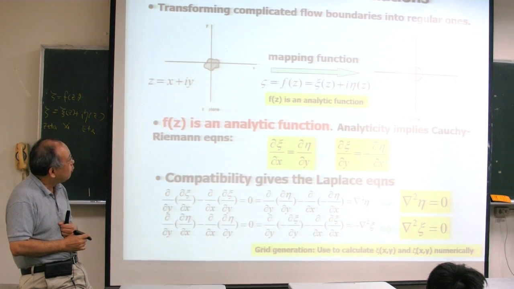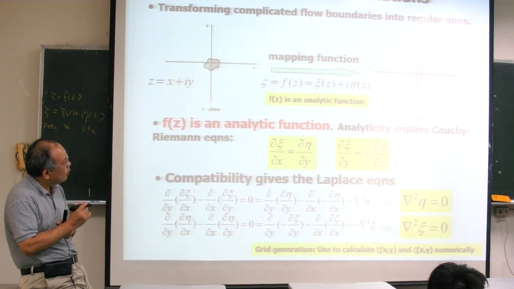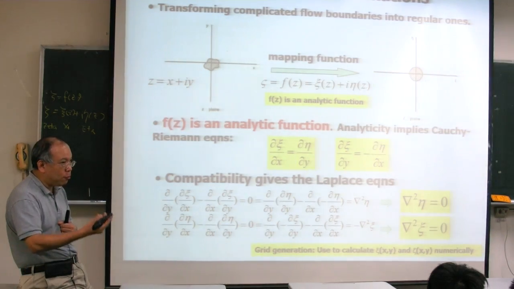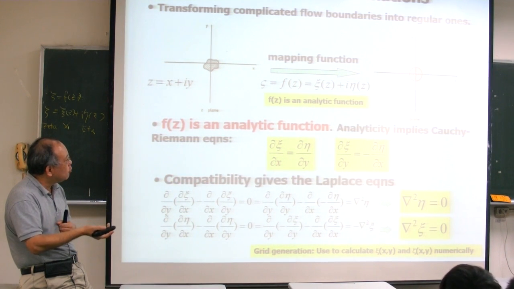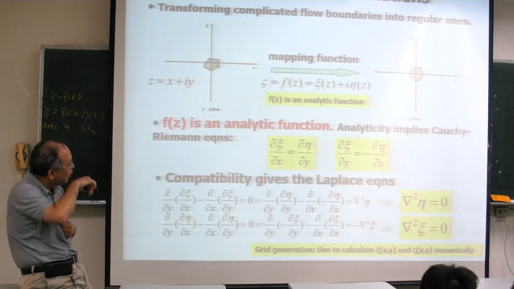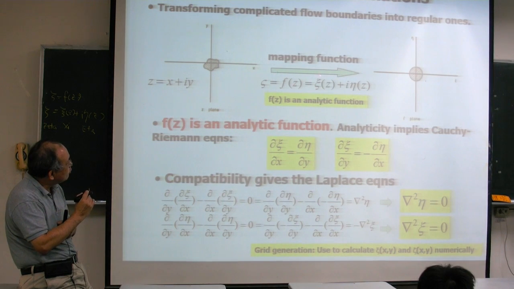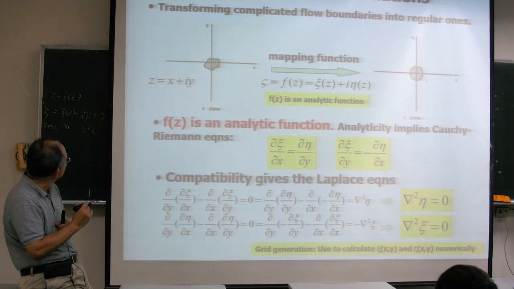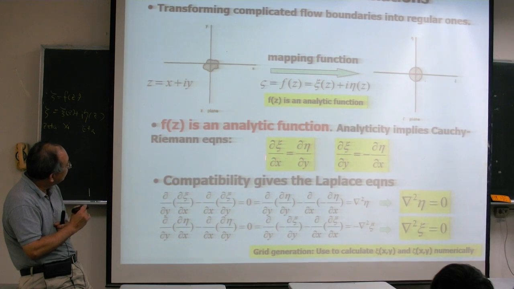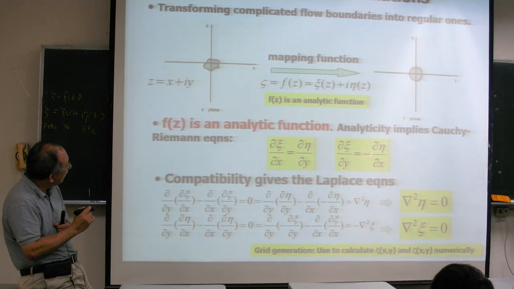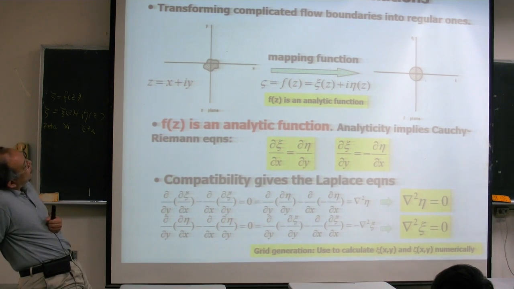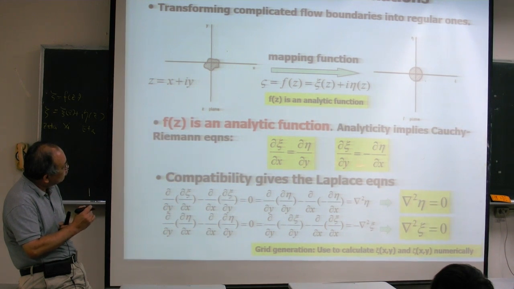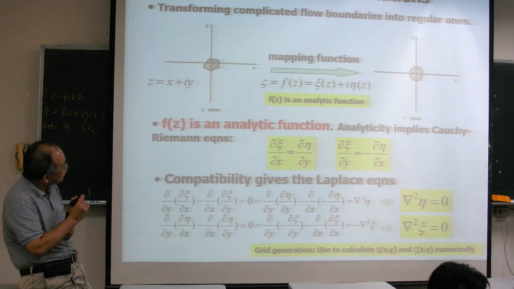So an analytical function has to satisfy the so-called Cauchy-Riemann equation, 它要 satisfy 这个 Cauchy-Riemann equation, 它才叫 analytical function. So this is the Cauchy-Riemann equation: partial xi, partial x equals partial eta, partial y, and partial xi, partial y equals minus partial eta, partial x. Once they satisfy these two forms, we can call f(z) an analytical function.